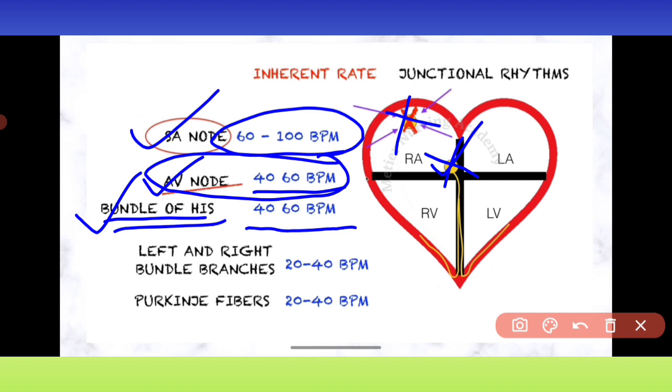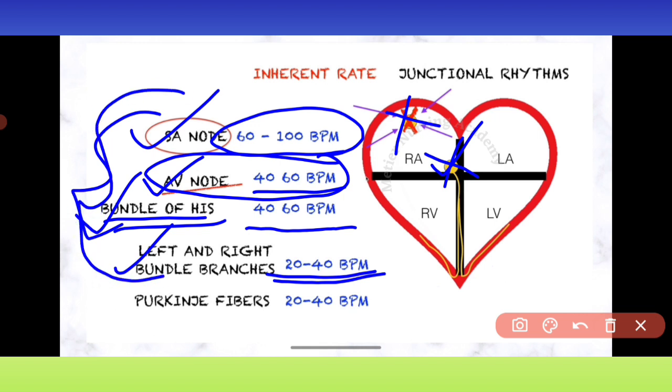If SA node, AV node and bundle of His are not working, this time the left and right bundle branch will take the responsibility and it will function independently. This time the heart rate is going to be 20 to 40 beats per minute. If all these four is not working, at last the Purkinje fibers function independently and it will give up to 20 to 40 beats per minute the heart rate. So this is the normal physiology of the conduction of the heart.